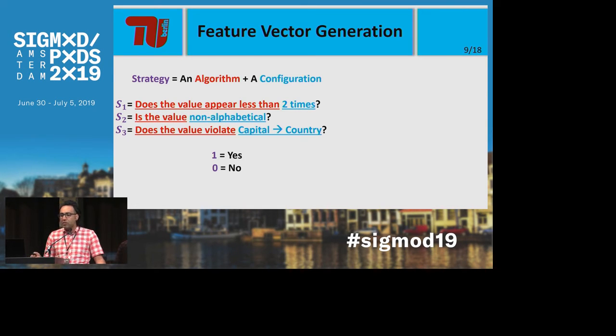If the value is non-alphabetical, again, the non-alphabetical is a configuration. It could be, is the value numerical or any other kind of patterns. And the last one is a rule violation detection strategy, because it basically says, does the data cell violate one functional dependency, which is a rule, which is an input configuration.